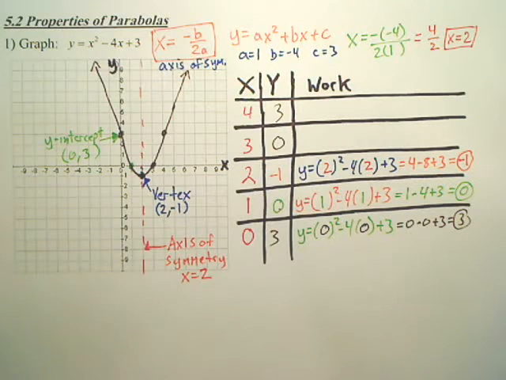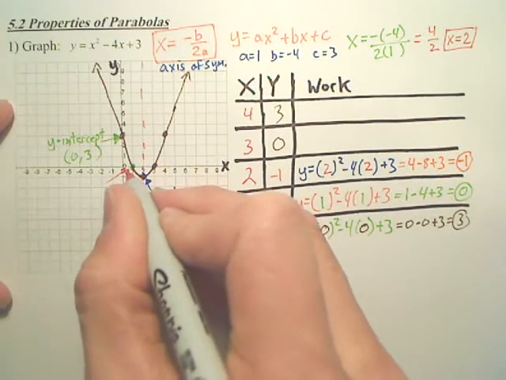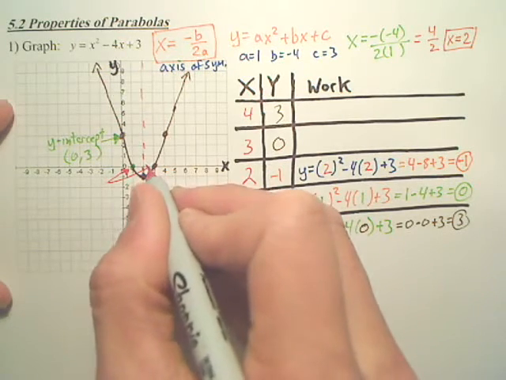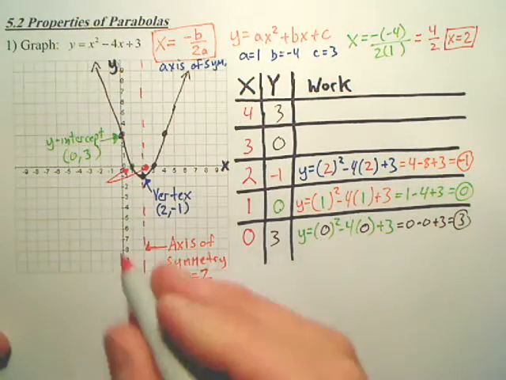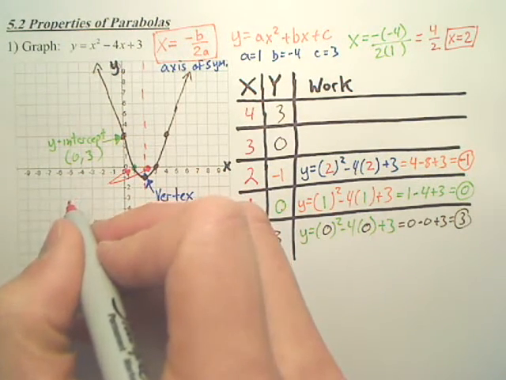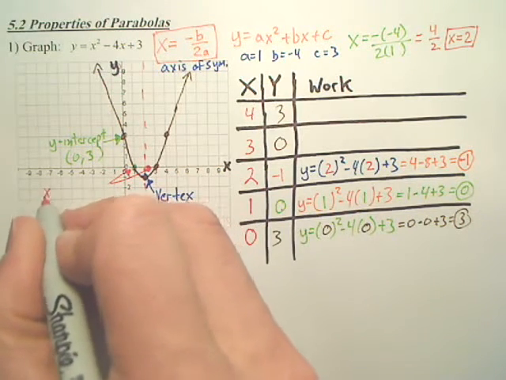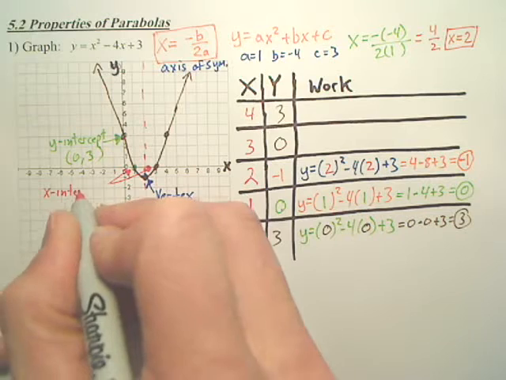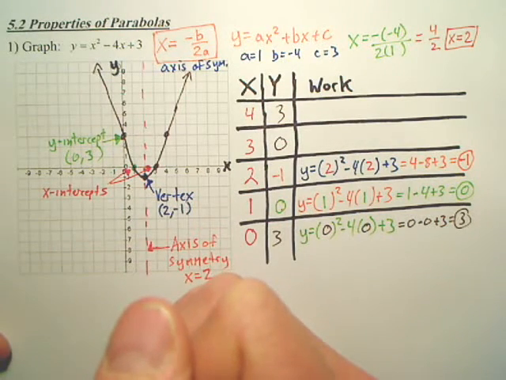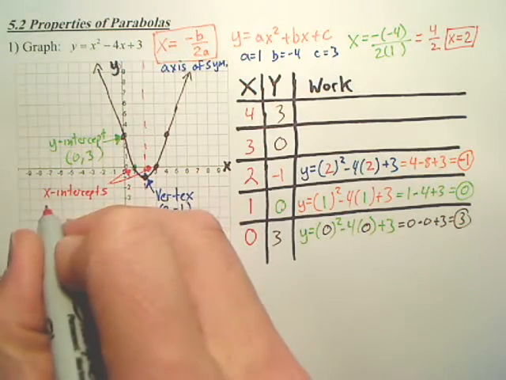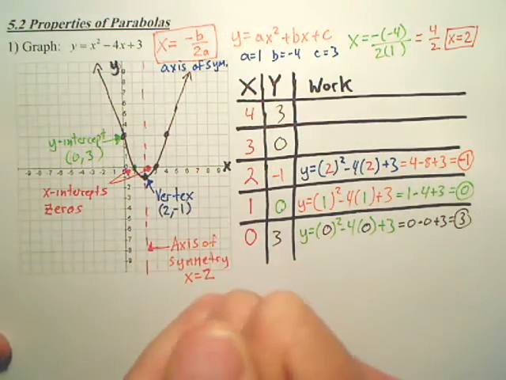And the last one are these 2 points. See those 2 points? They have 3 different names. One of them, the most obvious, is called your x-intercepts, because they cross the x-axis. The other 2 names are zeros.